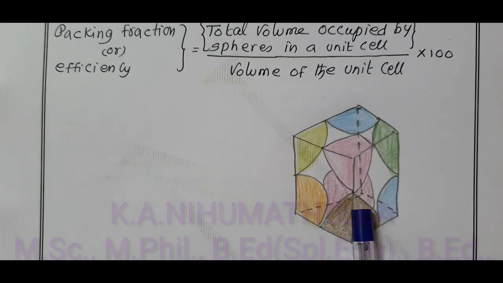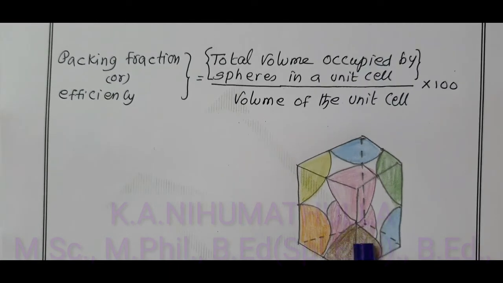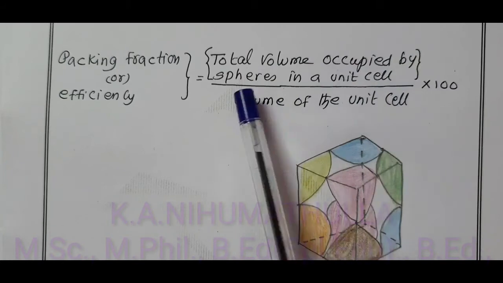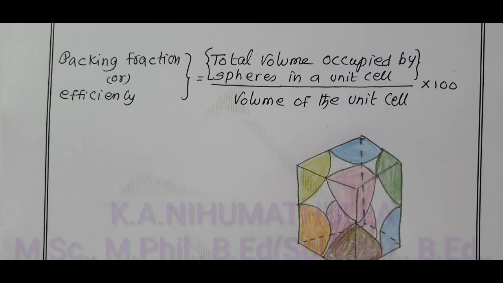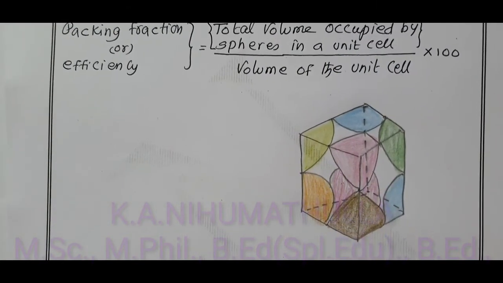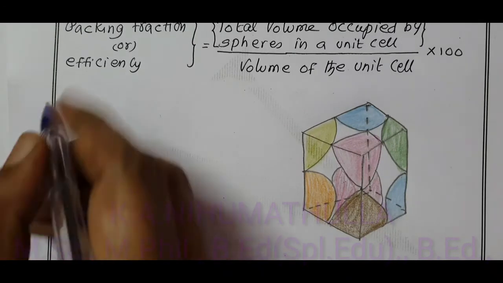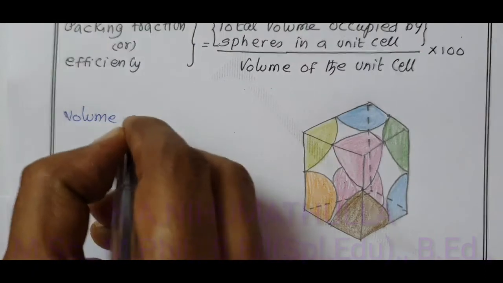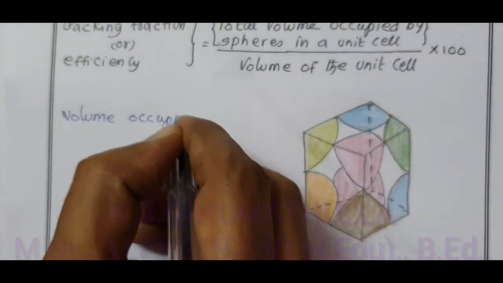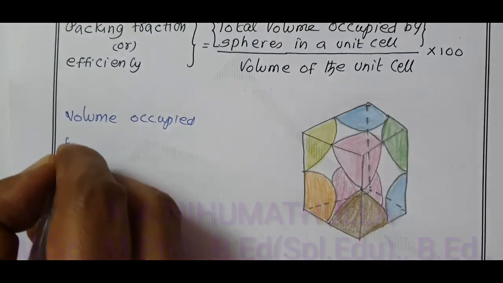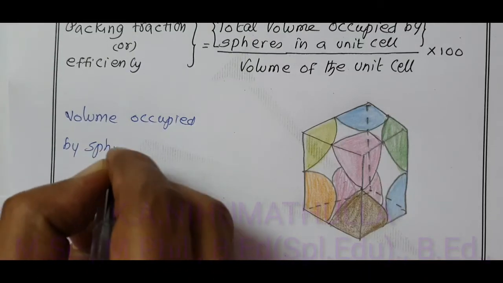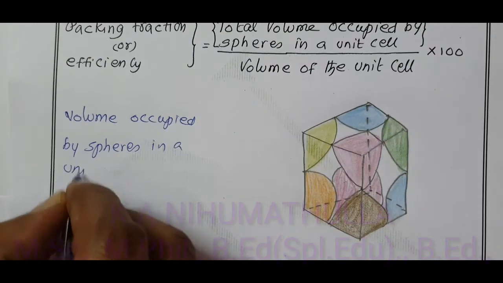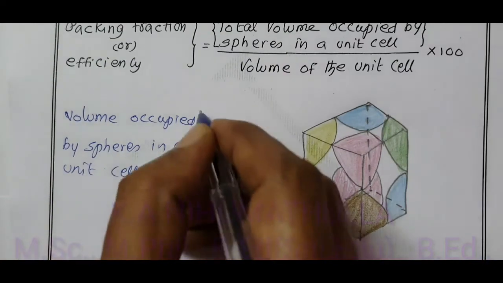Now, in simple cubic, first we are going to calculate the volume occupied by the sphere in the unit cell. What is the formula?